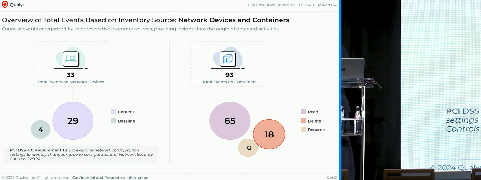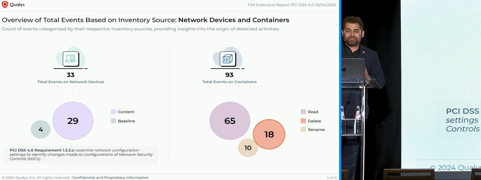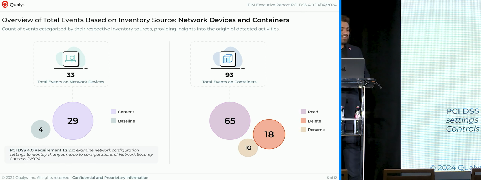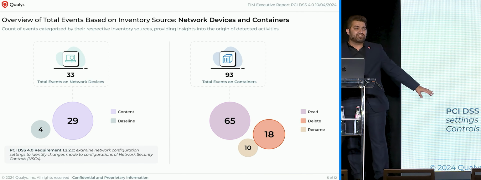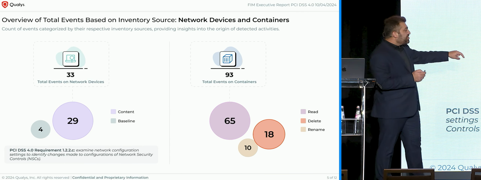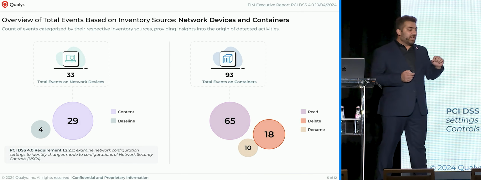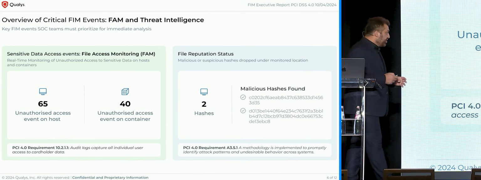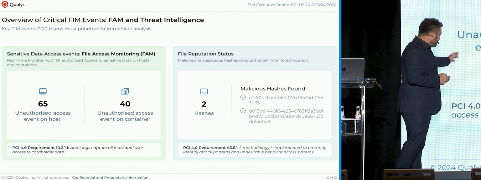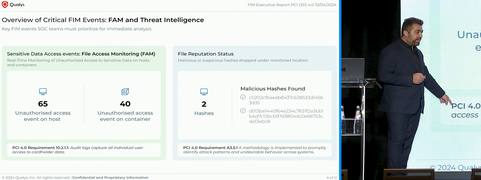You also have this overview of events based on network devices and containers, along with the PCI requirement written in your executive summary report. It tells you which requirement we are satisfying in this particular report. For example, here we are showing the unauthorized access events on the host. This is the requirement that requires it.